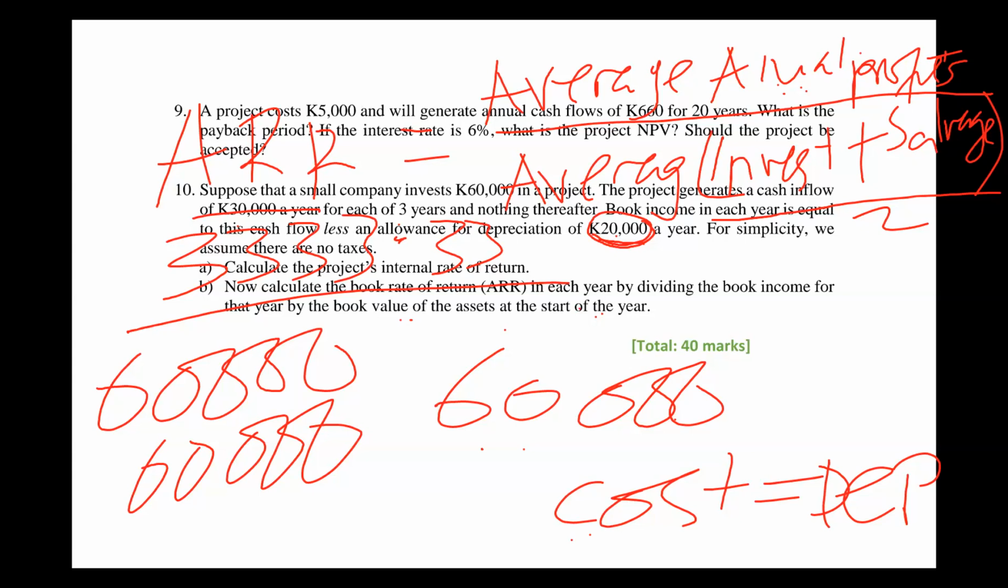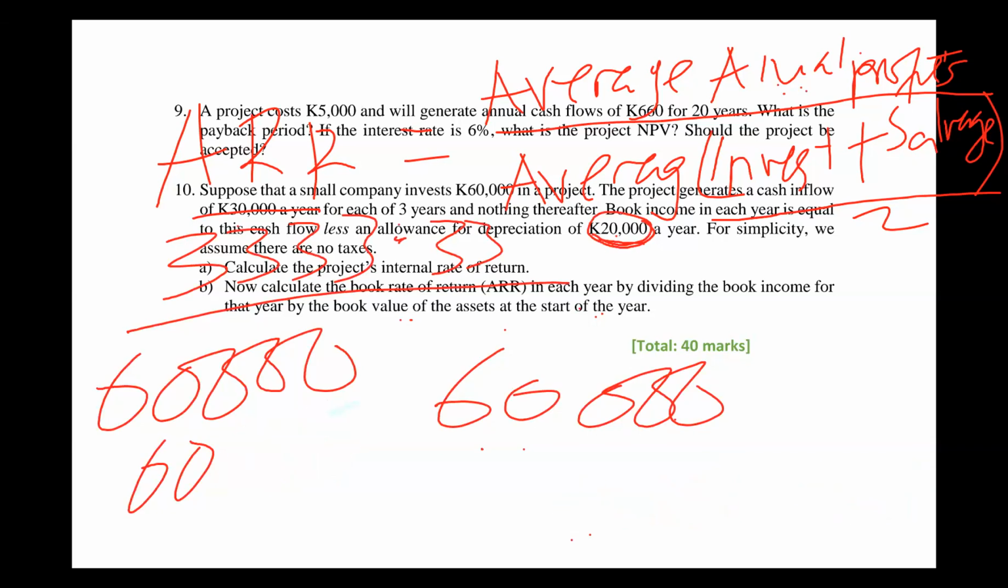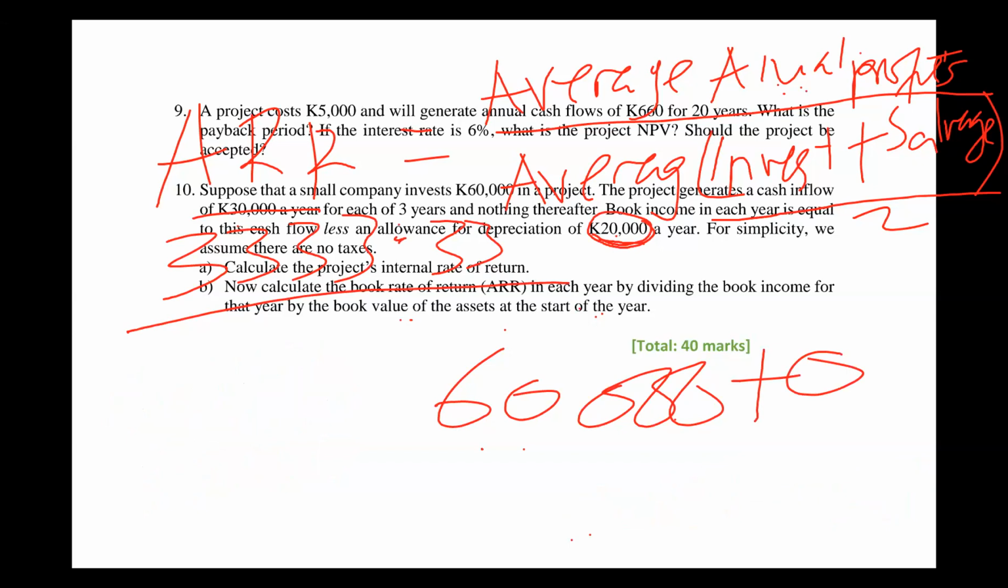Is that clear? It has no scrap value. You can no longer sell it. So where we put the scrap value, we are going to add 0, and that divided by 2.